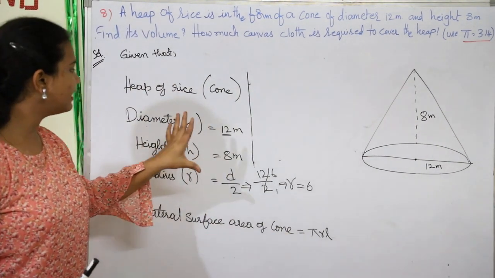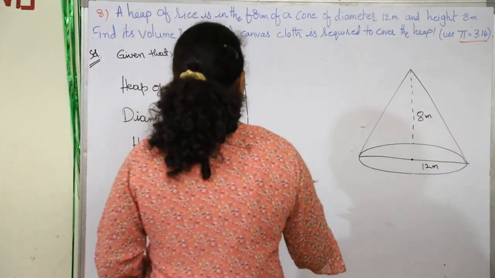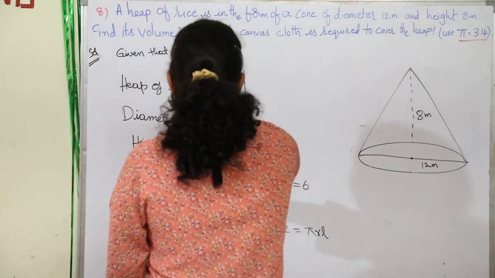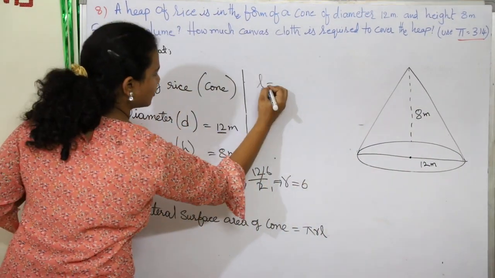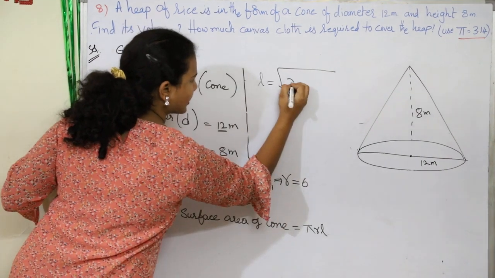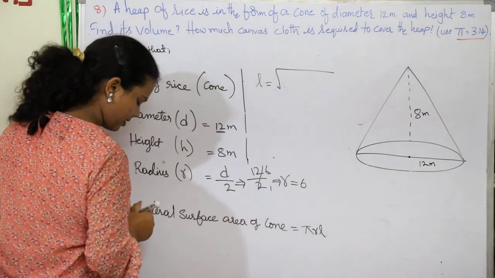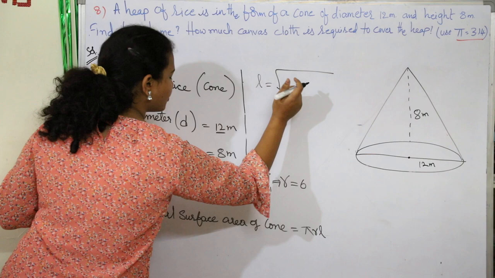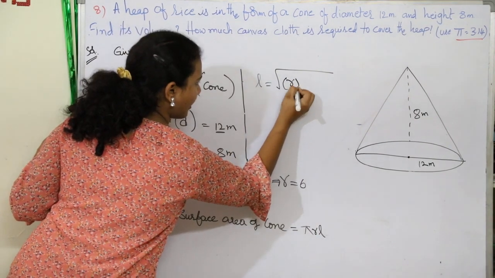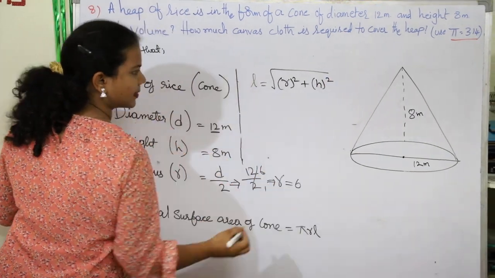They haven't given any L value, but we can find L by using R, the radius, and H, the height. L, the slant height, equals root over R square plus H square.